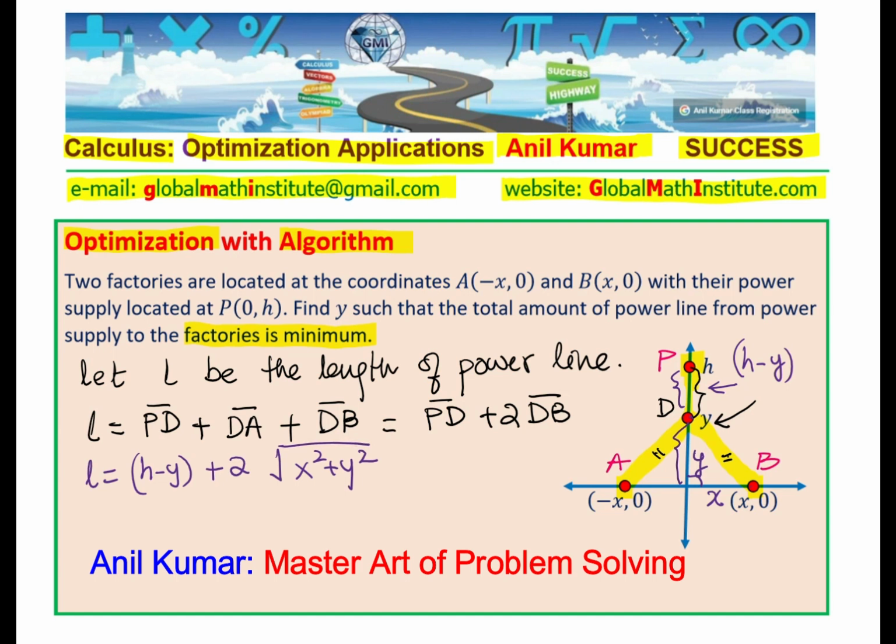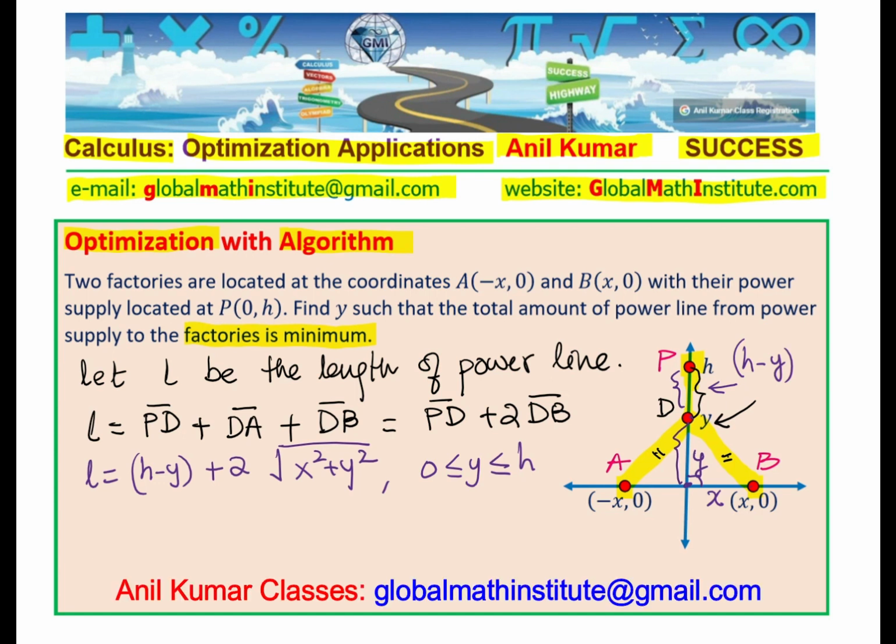And in this relation, you can see that the value of y changes, others are constant, right? And y changes from where to where? y changes from 0, right? It could be at the origin, or it could be maximum, which will be at h, right? So those are the two extreme values of y which we have identified. That means we'll use the first algorithm.